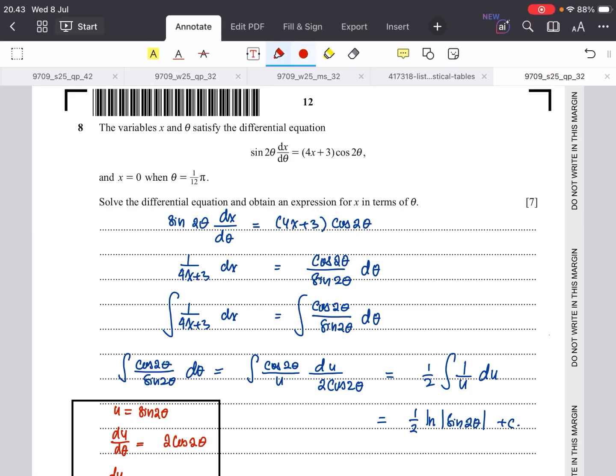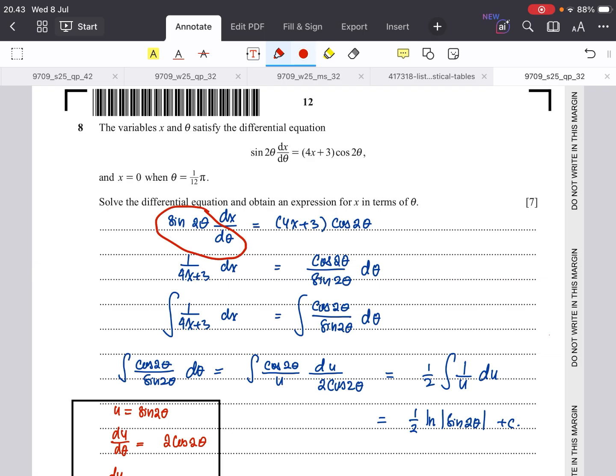So first of all, we rearrange this equation so that expressions that contain the same variable will be on the same side and the other variable on the other side.